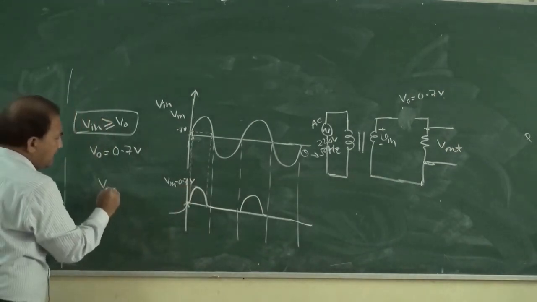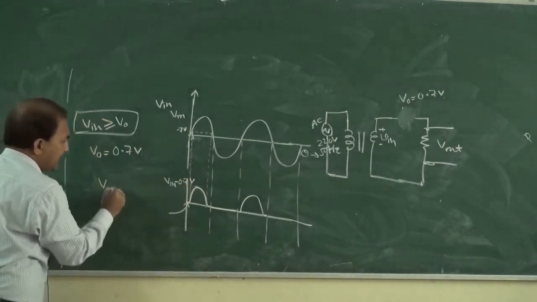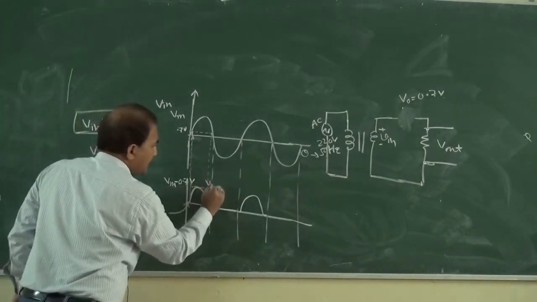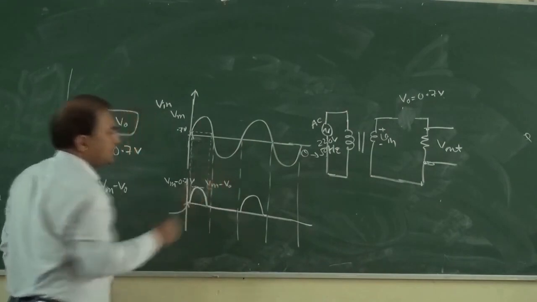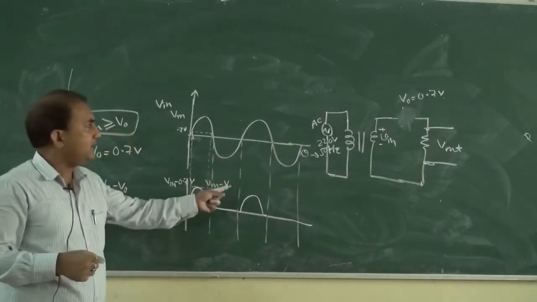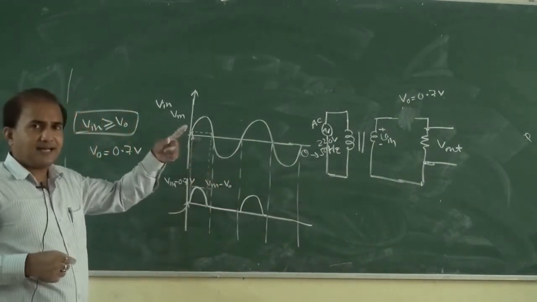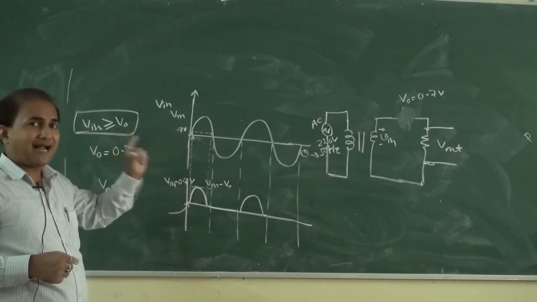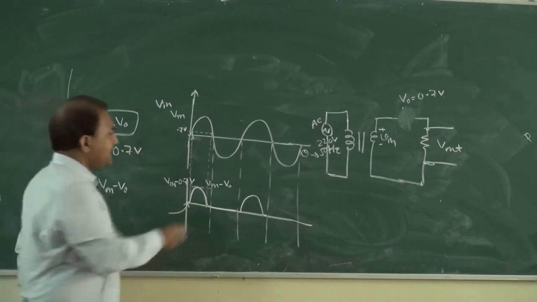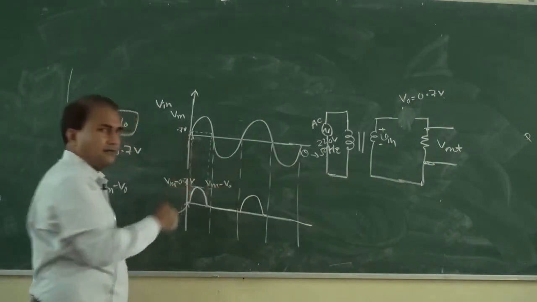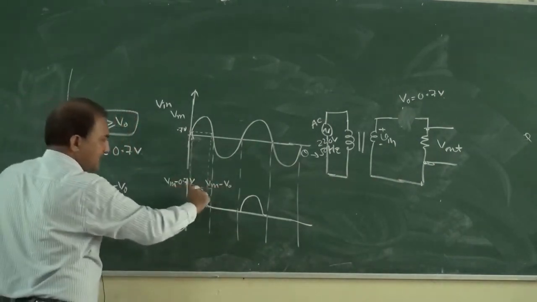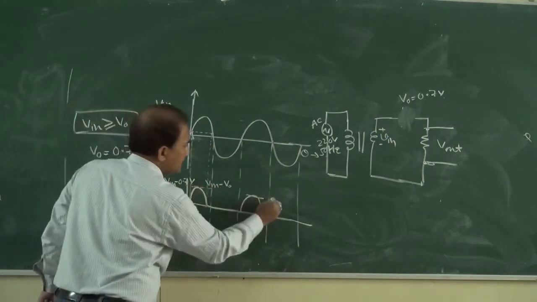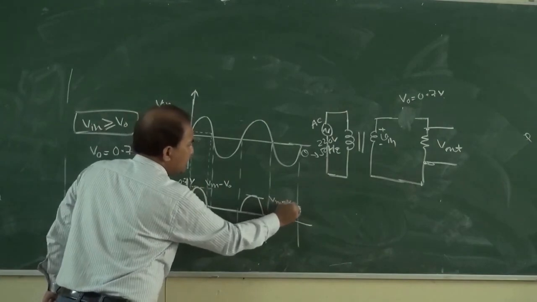This height is Vm minus V0, because we are using a silicon diode. If we use the simplified model, not the ideal model, for a silicon diode, then it will be Vm minus V0. Similarly, this height is Vm minus V0.